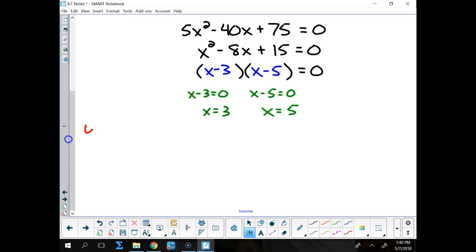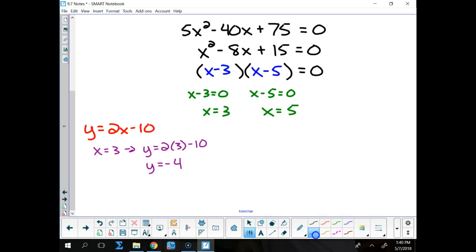My line equation was y equals 2x minus 10. So if x is 3, then y is going to equal 2 times 3 minus 10. 6 minus 10 is negative 4.